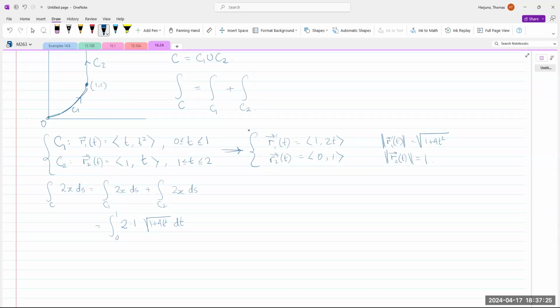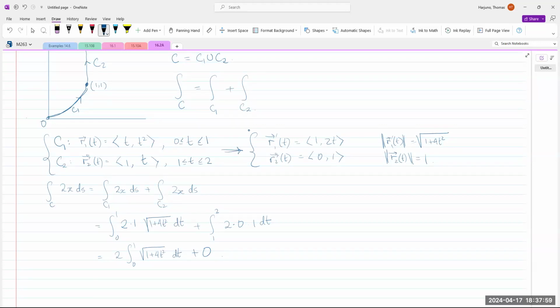Plus, for C2, t will be from 1 to 2, x is 0, and ds is 1 times dt. That equals 0, huh? So we basically need to integrate from 0 to 1 of 2 times the square root of 1 plus 4t squared dt.